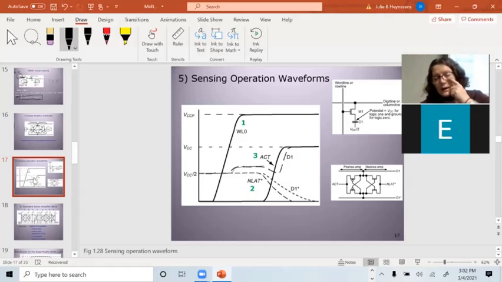And then it's really important when you do this that you make NLAT come down first, then ACT comes up, because if you do ACT first while NLAT is at VCC over 2, the latch tends to latch at VCC over 2, which is also a stable state. So don't do that.